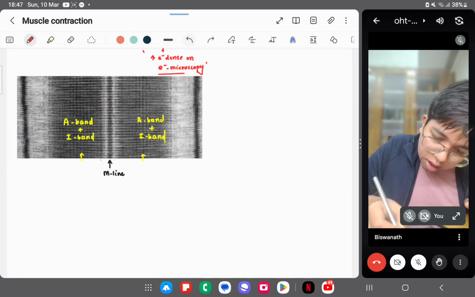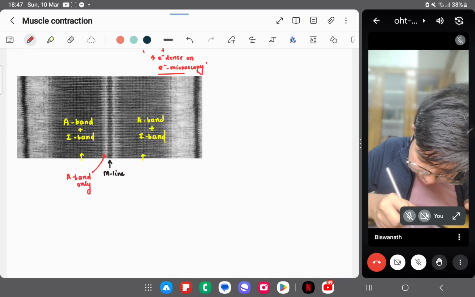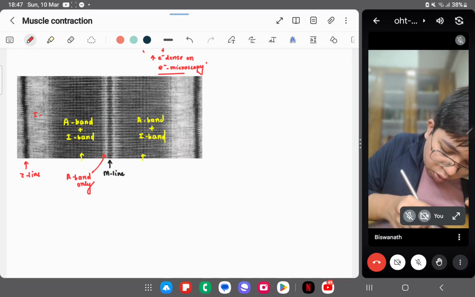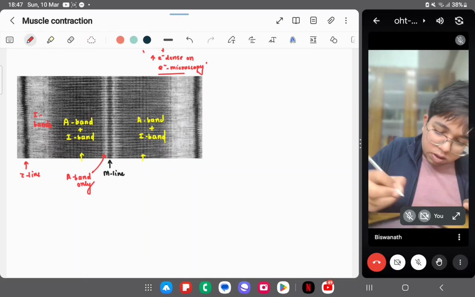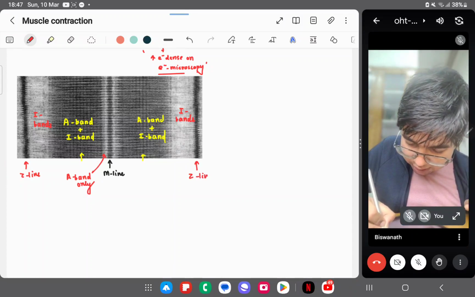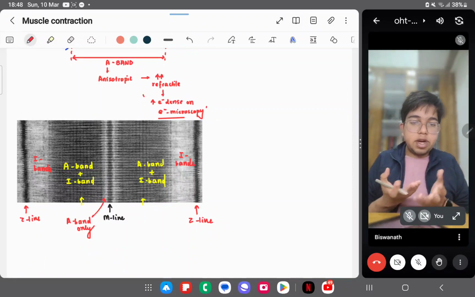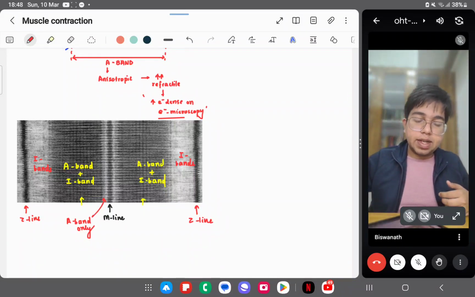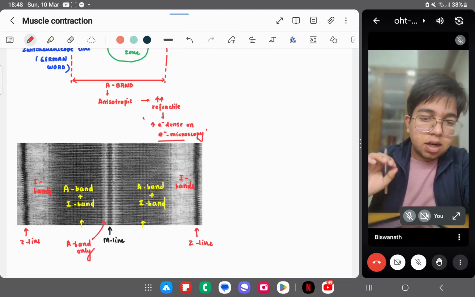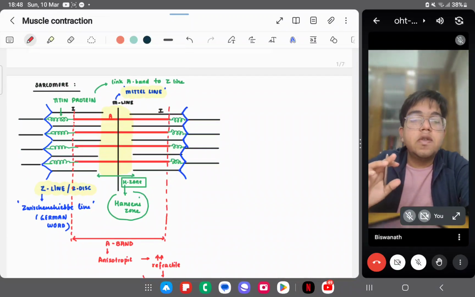This pale part will have the A band only. This is the Z line. This has only I bands present. This is again the Z line. Basically, this is the concept of electron density. If you understood this, let's now define the I band.